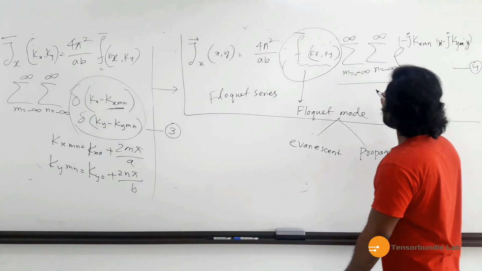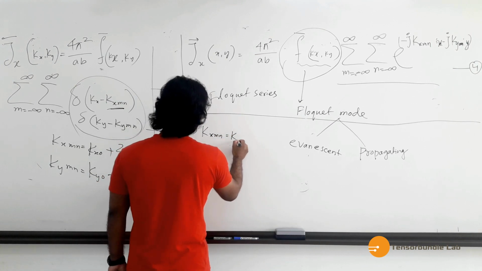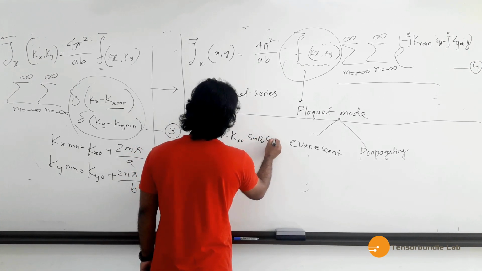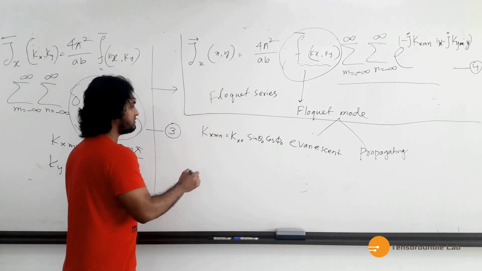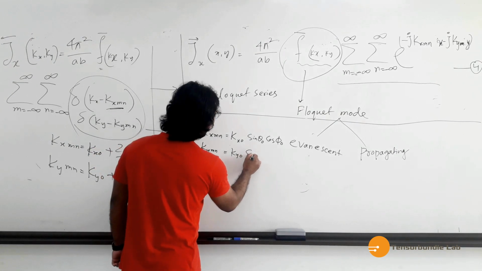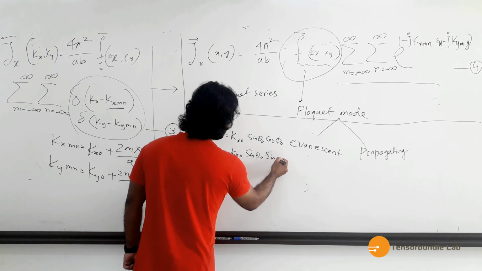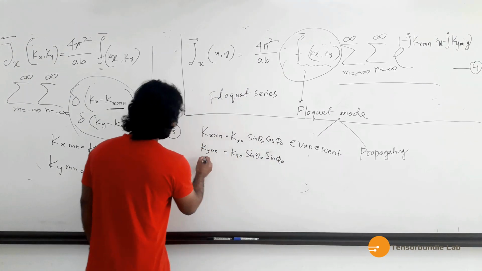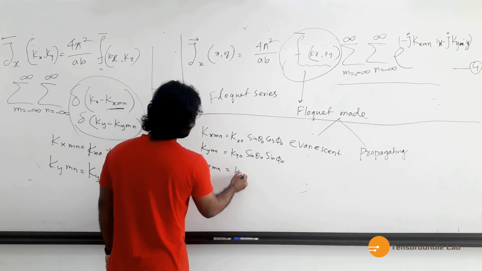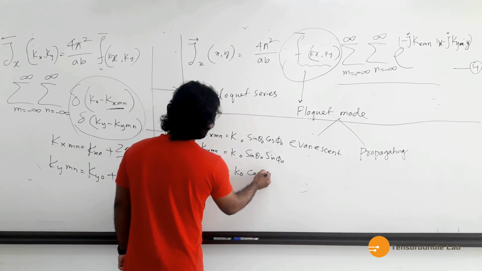Here, we can define that k_x^{mn} is equal to k_x0 times sin θ0 cos φ0 in the spherical coordinate system, k_y^{mn} equal to k_0 times sin θ0 sin φ0, and k_z^{mn} can be defined as k_0 cos θ0. Sorry, these are k_0 and cos θ0.